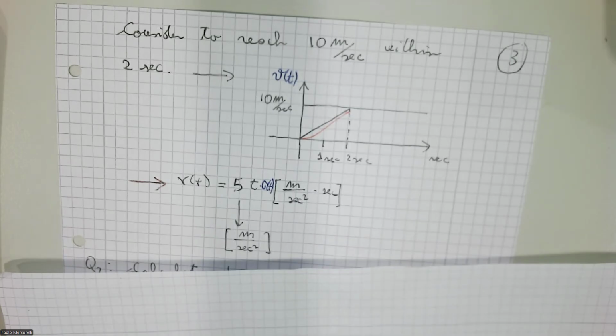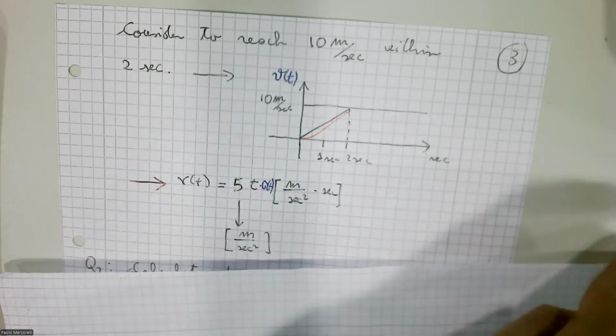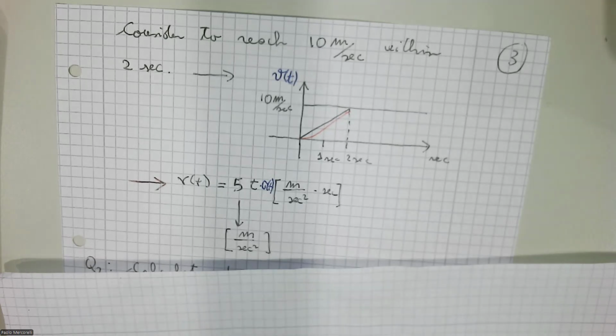You remember last time I told you the problem was to move from position 0 to 1 meter. You remember? The procedure was the same, but the second question was I would like to achieve 1 meter in, I don't remember, 1 second, half second, and so on. Here the problem is the same. We have a goal, it must be achieved in, let me say, a reasonable time.